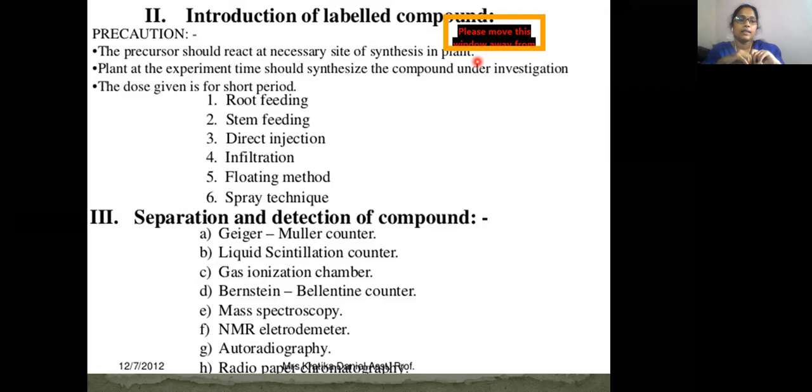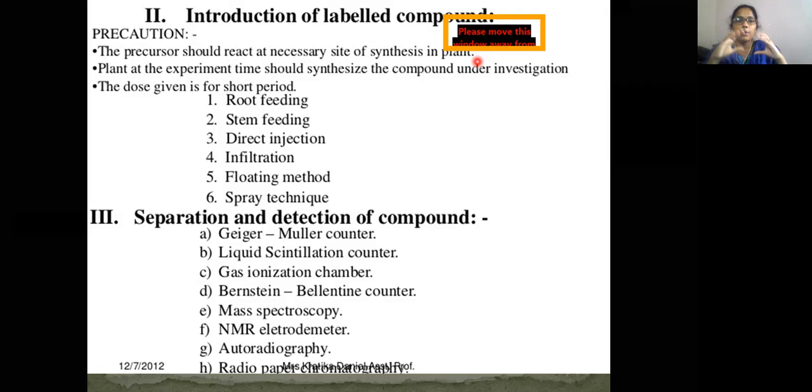The second one is experiment time. Okay, so during 1 to 2 years of age, or during the autumn period or winter period, the biosynthesis will be there, or during the ripening stage. Okay, so it contains a high concentration of alkaloids. Like this we'll have the details, right?